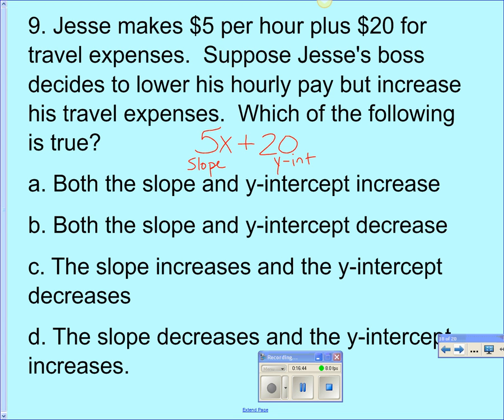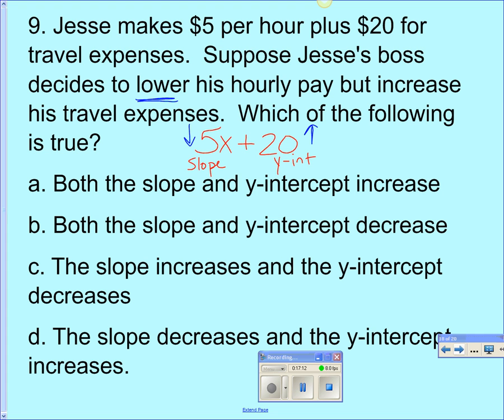Suppose Jesse's boss decides to lower his hourly pay. Which one was the hourly pay? 5, because it was per hour. Okay? It is lowering, so I'm going to put a down arrow for that one. But his boss is increasing. What does that mean? Going up. His travel expenses. Which one was his travel expenses? So the 20 is going up.